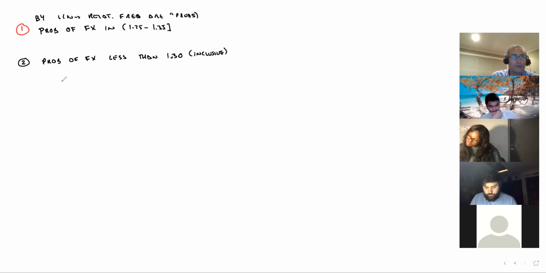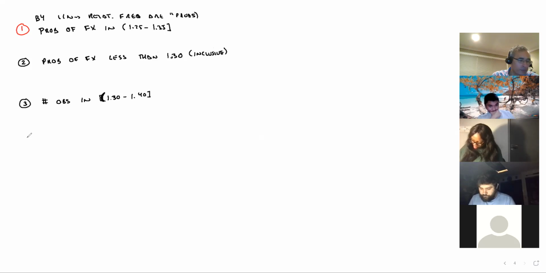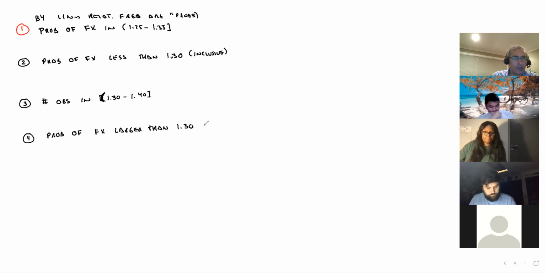So including 1.3. What is the number of observations in 1.30? Oh, sorry, 1.30 is open to 1.40. What is the probability of FX larger than 1.3? Not included.